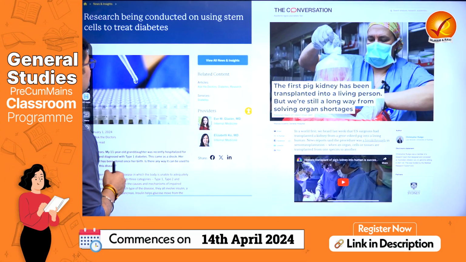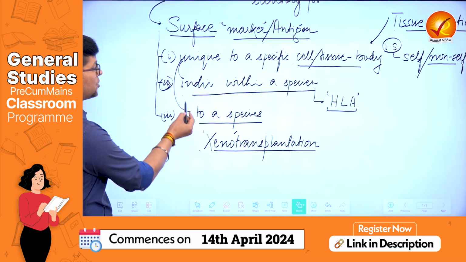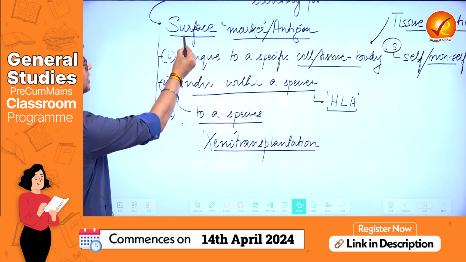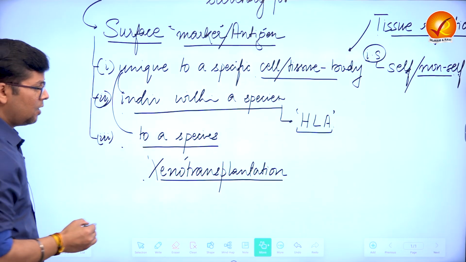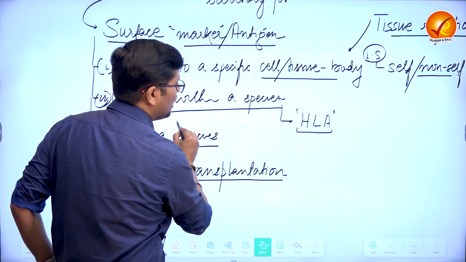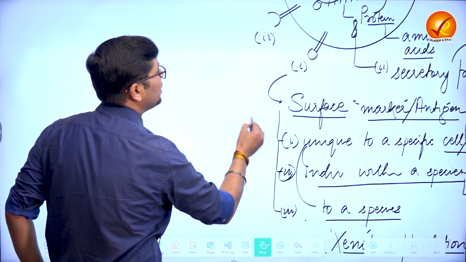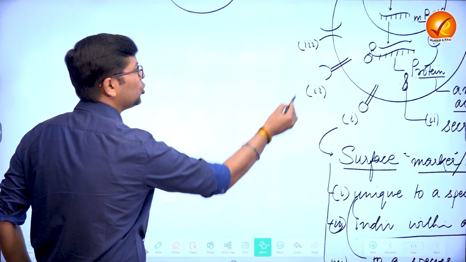Now let us take it further. So you have understood how for xenotransplantation that surface marker removal is important. Further, people, can you see the second group of protein?